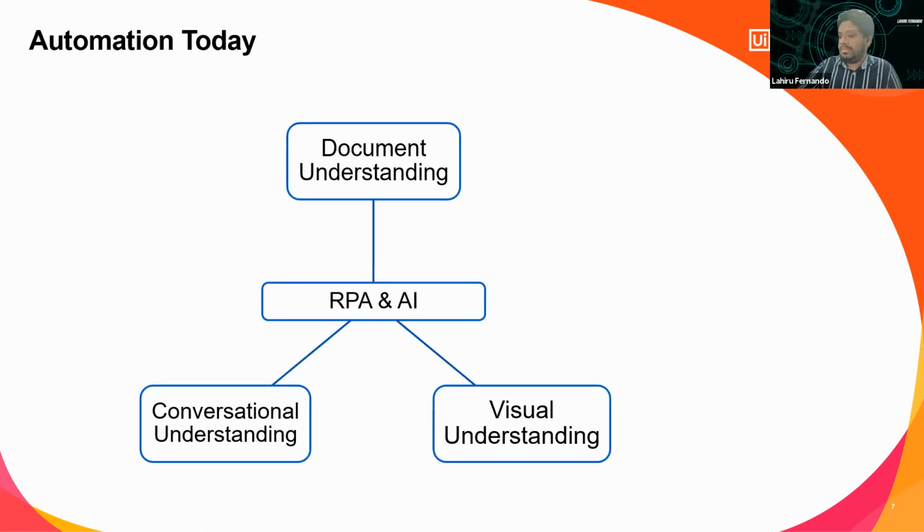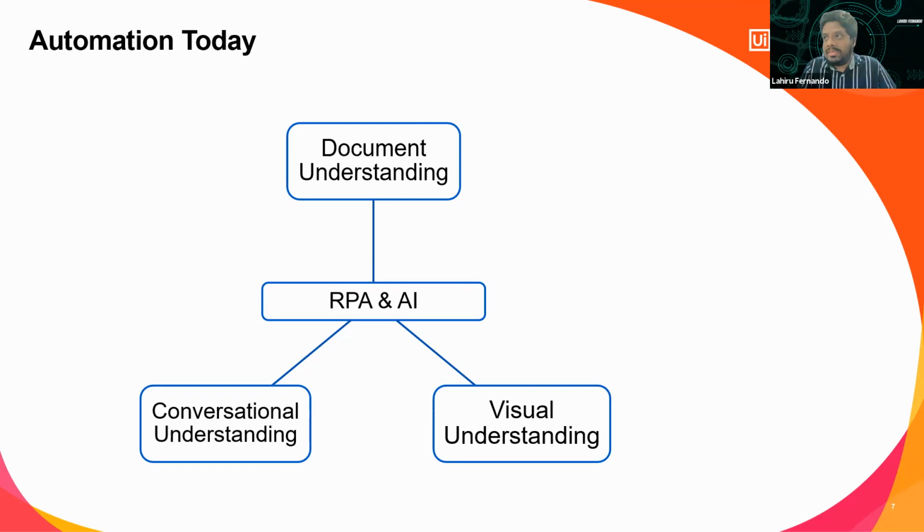And today, when you talk about RPA, it's not just about automation. With RPA, now we have AI as well. Because today, automation is not just doing a screen recording, not just inserting data into an application. You can do a lot more things.